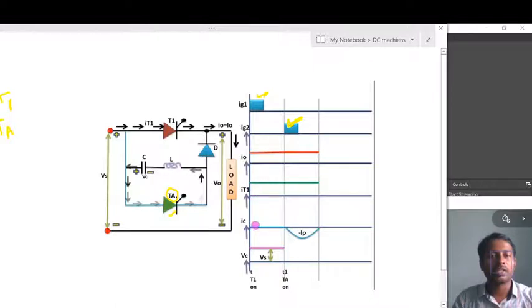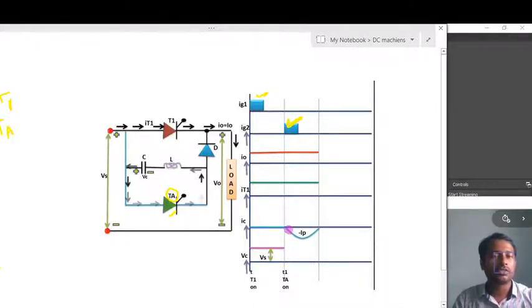Before turning off, observe this diagram. This is the turn-on position of the auxiliary thyristor. If I give the gate pulse at this position, the current through the auxiliary thyristor and inductor will be sinusoidal.